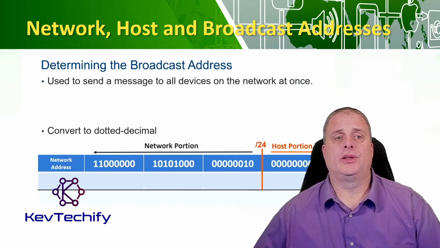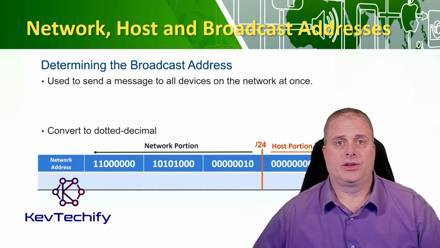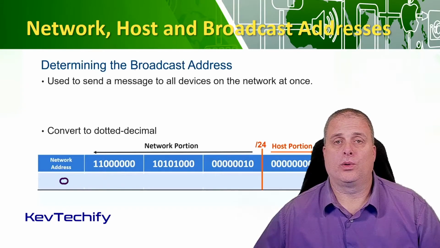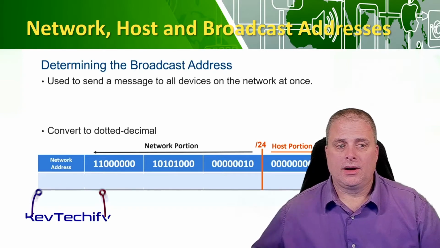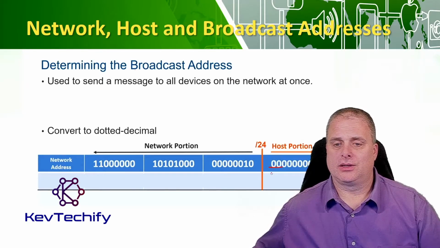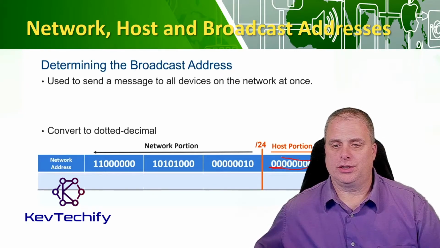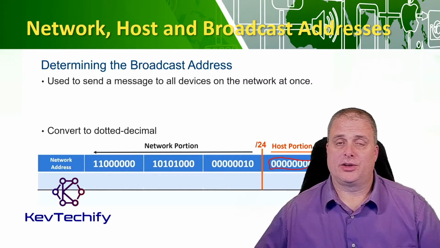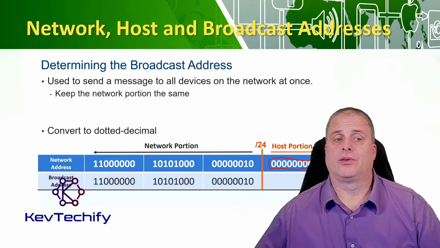Now let's determine the broadcast address for this network, which is used to send a message to all devices on the network at once. Where the network address had all binary zeros in the host portion, the broadcast address will have all binary 1s.